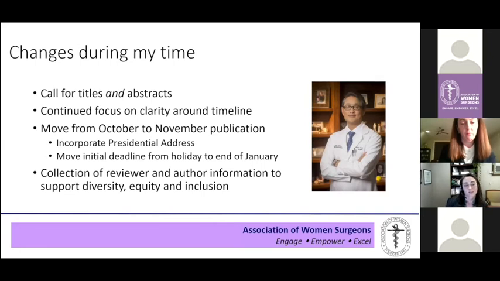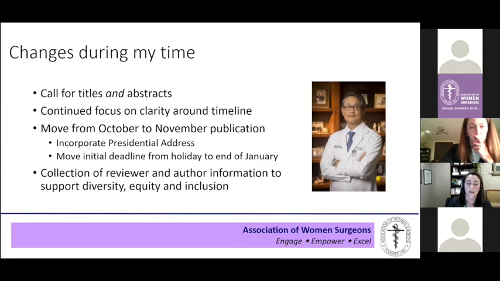Looking back over a shorter time frame, during my 3 years, we transitioned from a call just for titles to titles and abstracts, because we felt the additional information in abstracts really helped us to better review those initial submissions. We've focused on some clarity around the timeline, which is a longer timeline than many other processes.